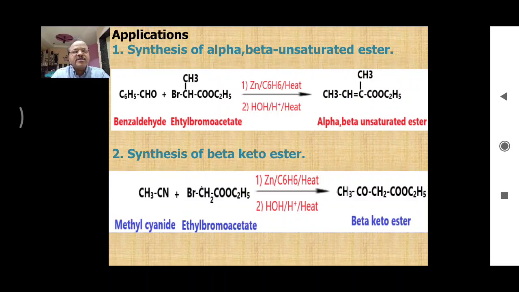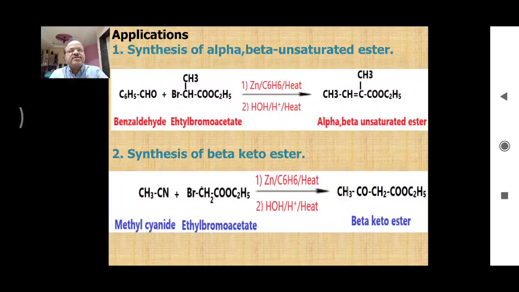Now let us discuss the applications of the Reformatsky reaction. It is used in the synthesis of alpha beta unsaturated ester. So the Reformatsky reaction has wide applications. Out of these, one of the applications is synthesis of alpha beta unsaturated esters.